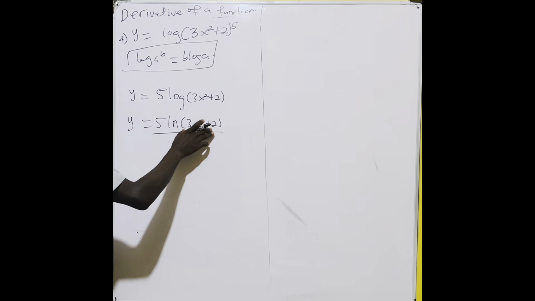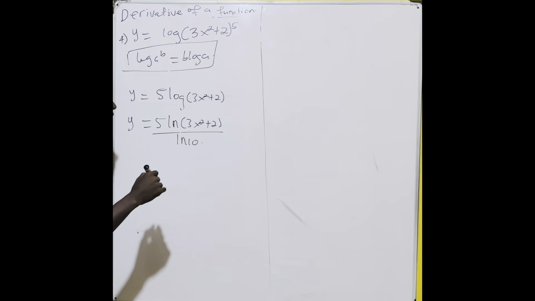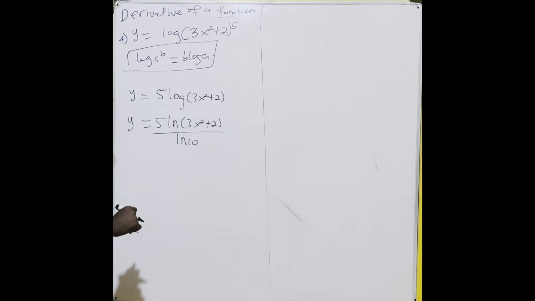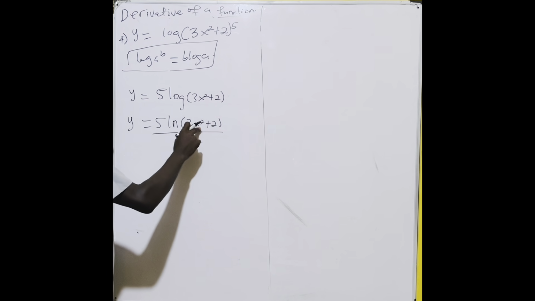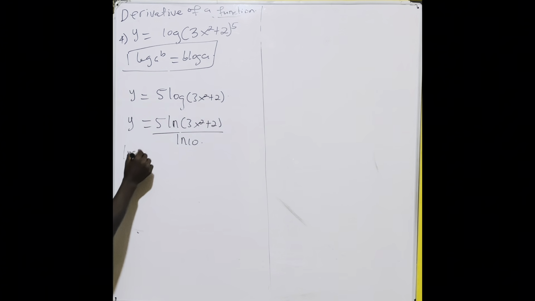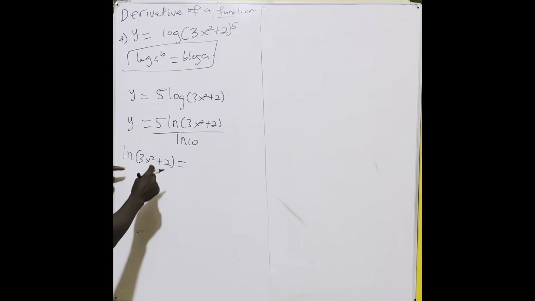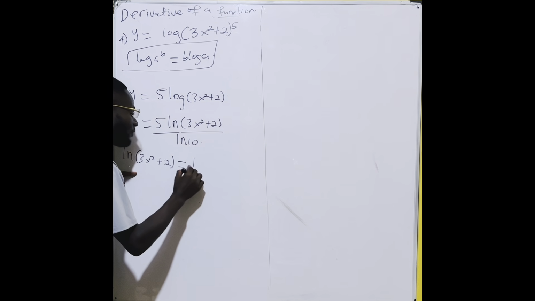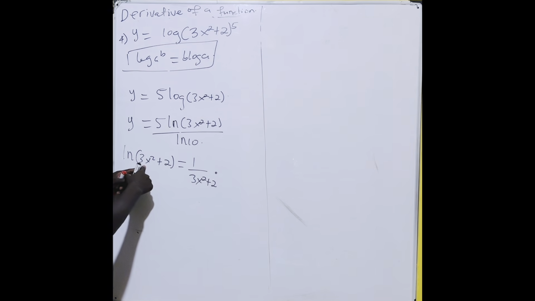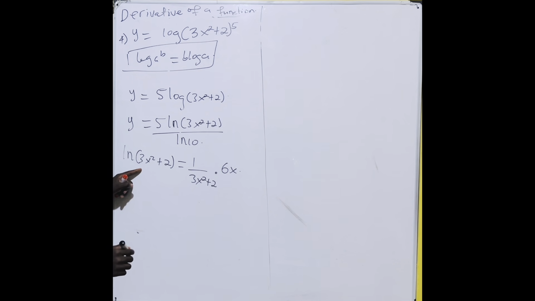And we know very well that differentiating a function inside the ln function means we are going to take 1 over the function inside the ln function times the derivative of the function inside the ln function. So the derivative of ln into 3x squared plus 2 will be equal to 1 over 3x squared plus 2 times the derivative of 3x squared plus 2, which is 6x, right?